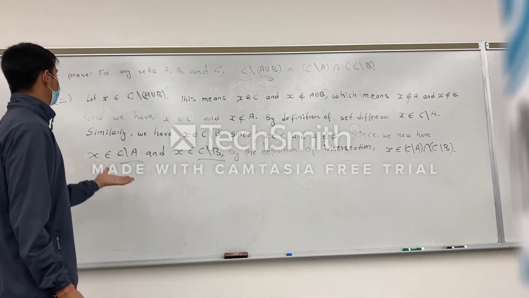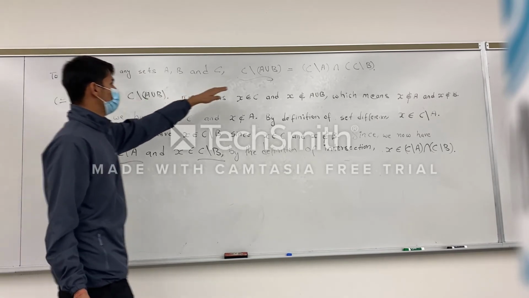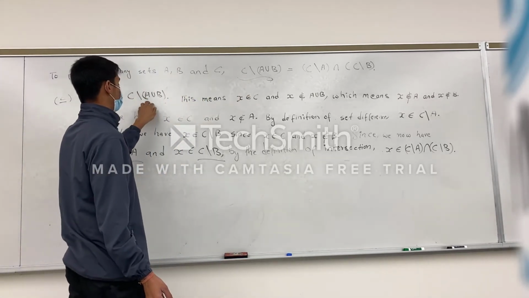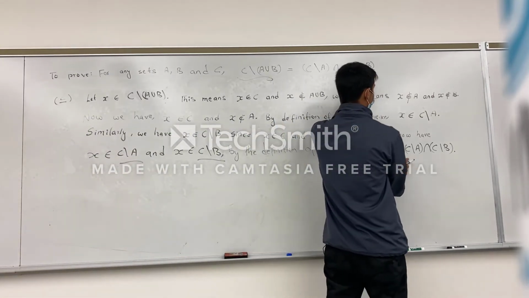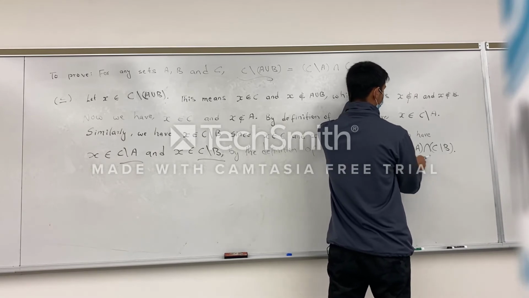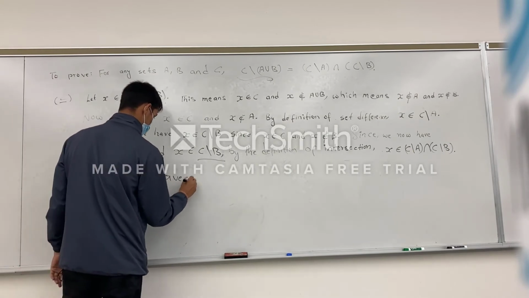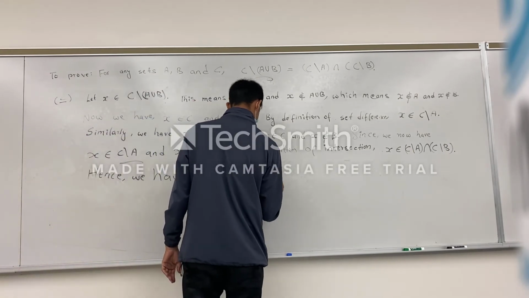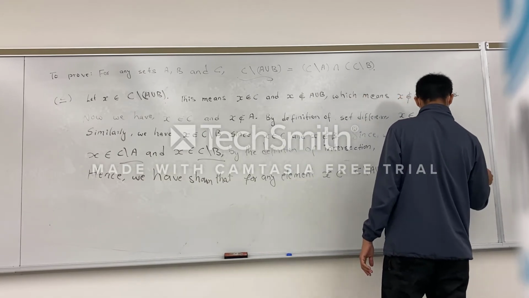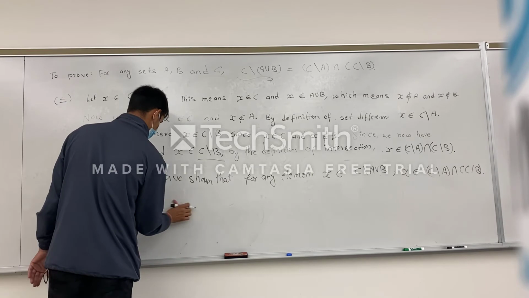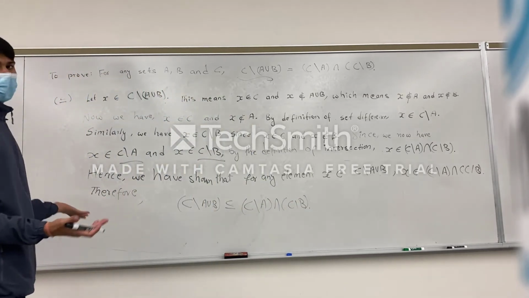That means we just showed that for any arbitrary element x, if x belongs to the first part, the set difference of C and A union B, then x belongs to the second part, that is the intersection of the set difference of C and A and the set difference of C and B. So that is what we have to prove, right?